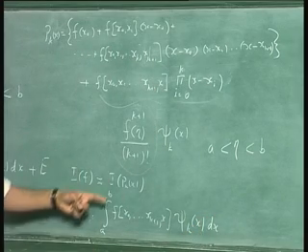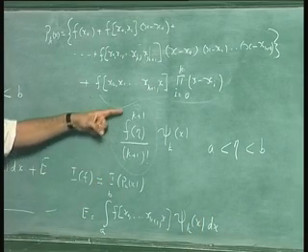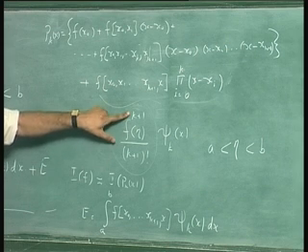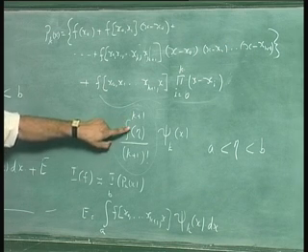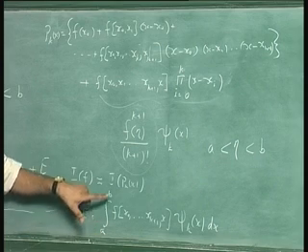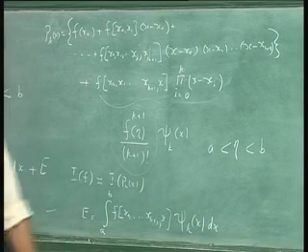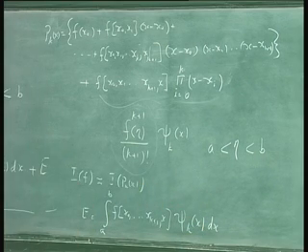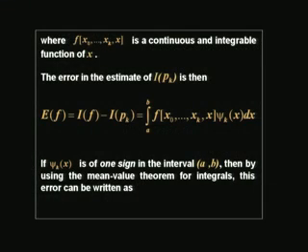So we can write this error as the k plus 1th derivative of f at eta, divided by k plus 1 factorial, into the integral from a to b of psi k of x dx. And this is definitely an estimate of the error, provided that this quantity psi k of x is of one sign, it does not change sign.